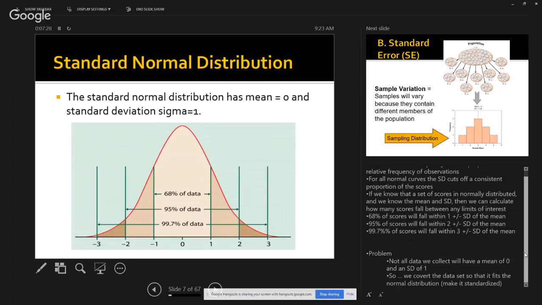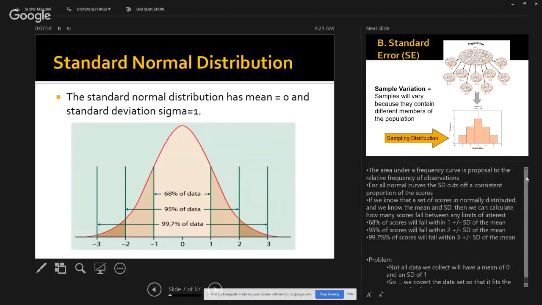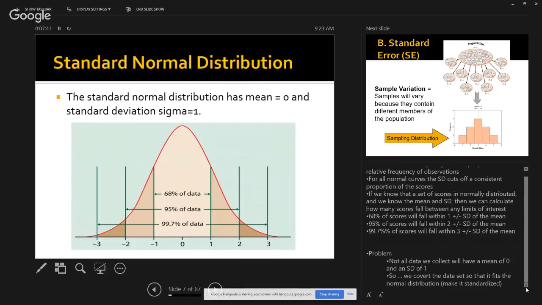That's what a z-score is. That's what all statistics is looking at, standardizing data so that we can compare it on this normal distribution. So we have to look at a data set and standardize it in order to see how it fits on this normal distribution.